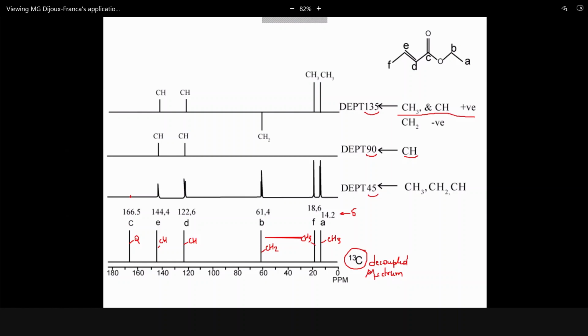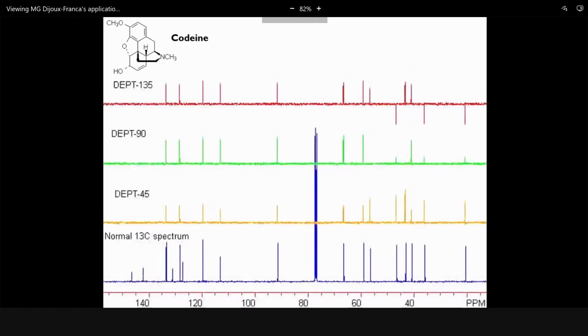Okay, so it's important to always compare with the original carbon, the decoupled carbon. Again, here we could use the coupled spectrum because the structure is small. You don't have a great number of carbon. But if you have a great number of carbon, for example, like the codeine, you see it will be difficult with all the multiplicity.